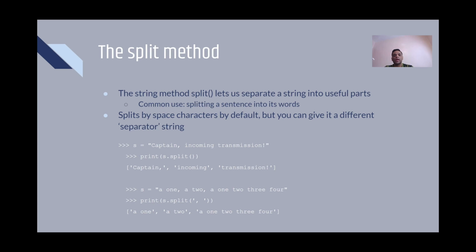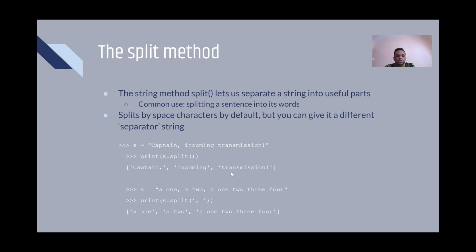What I meant by splitting on space characters by default is what this example shows. But you could give it a different separator string. Let's say I don't want to split on white spaces, but on the comma. Here's a string, a1, a2, 1, 2, 3, 4.